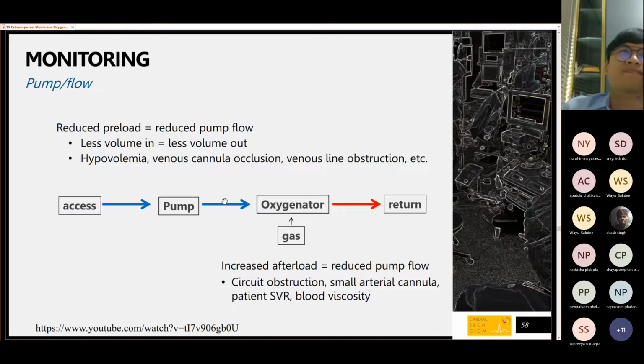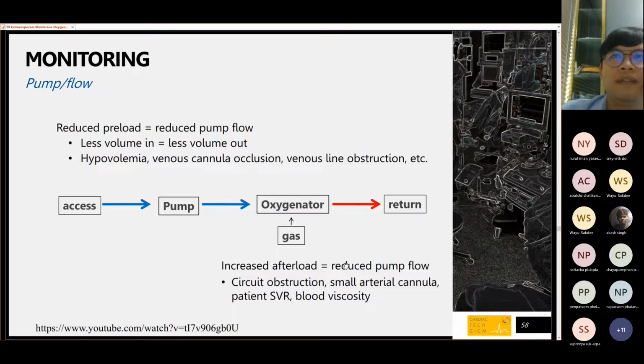Also, if you maintain the pump at the same flow setting but the flow cannot go ahead, like an obstruction in this part, it is also going to reduce the pump flow.